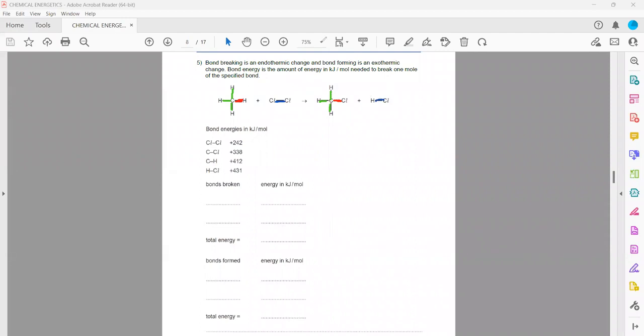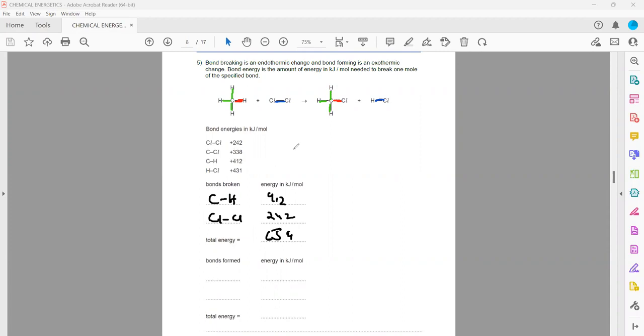So I can just take the bonds that are different in reactant and product. Those bonds will break, like C-H. C-H is how much? 412. And Cl-Cl is how much? 242. So this was 654.